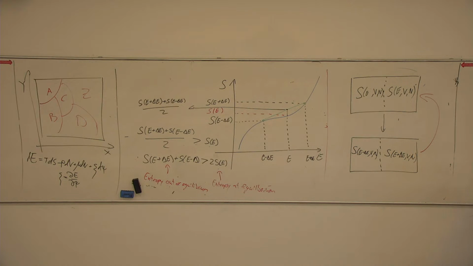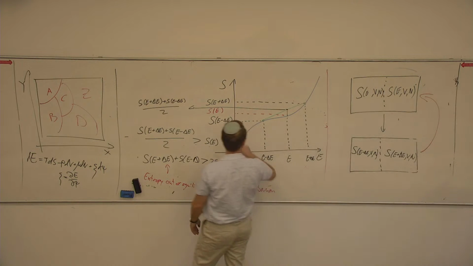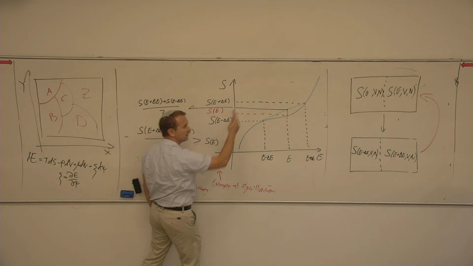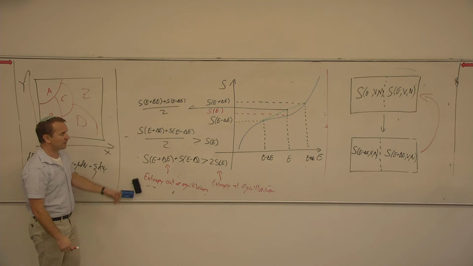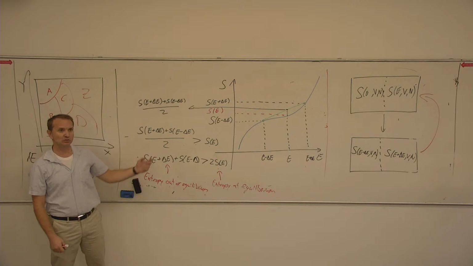Because the entropy at equilibrium is at its maximal value. So if we push the system a little bit out, we get a lower entropy. The entropy has to go to a maximal value. This is why the system will go backwards. We assumed that our entropy as a function of E looks like this. And what we obtain is that it's actually the other way around.